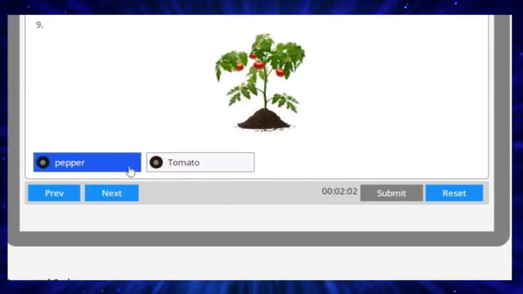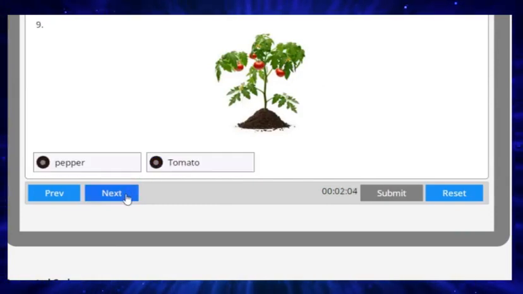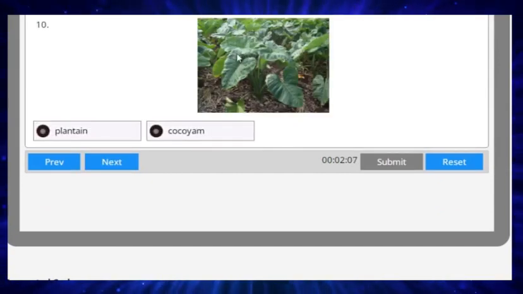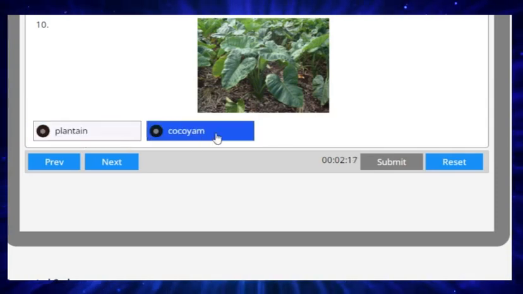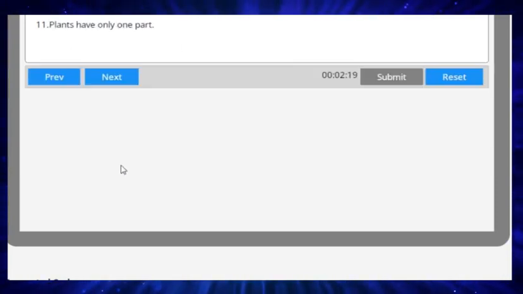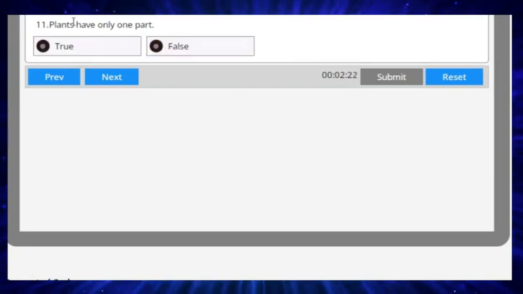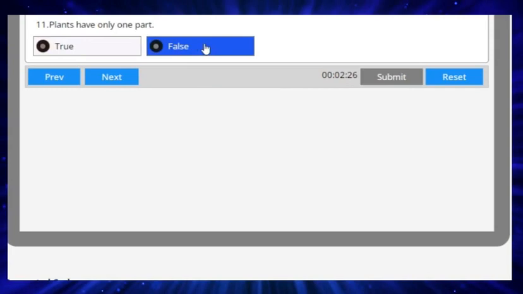Is it pepper or tomato? The last one, which plant is this? Take a look at it very well before you choose. Is it plantain or cocoyam? Now let's move on. Plants have only one part. Is it true or false?